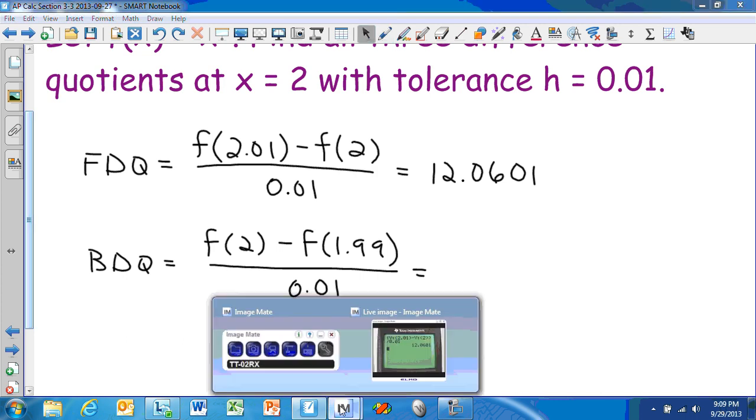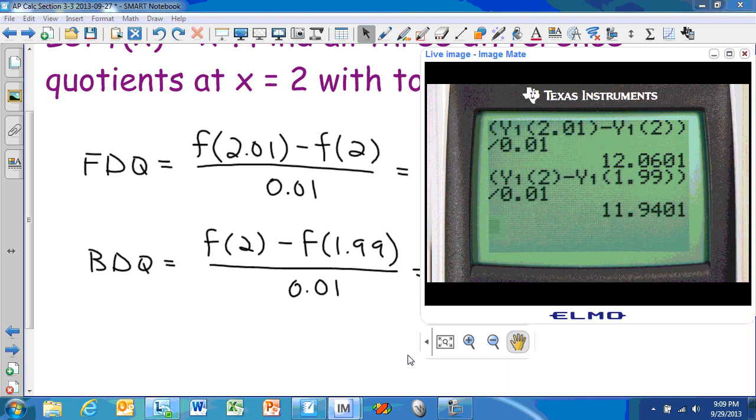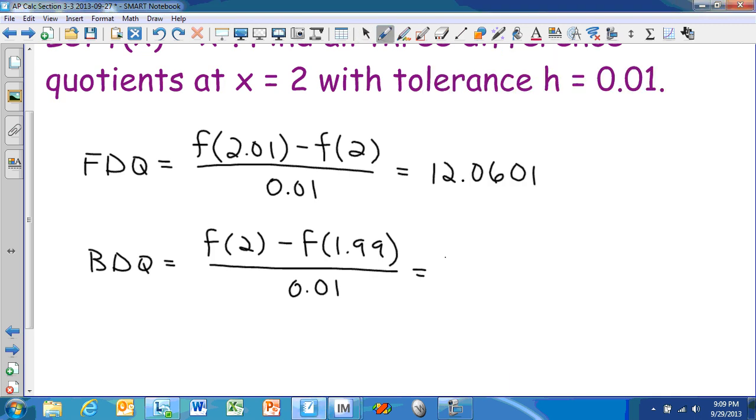We run that through the calculator: y1 at 2 minus y1 at 1.99, divided by 0.01, and we get 11.9401. There's our backward difference quotient. So you can see that just before this value of 2, we're calculating a slope slightly under 12, and after this value of 2, the forward difference quotient is a value slightly greater than 12.